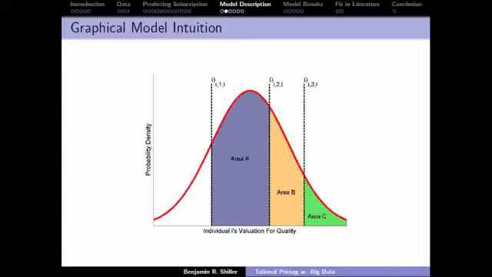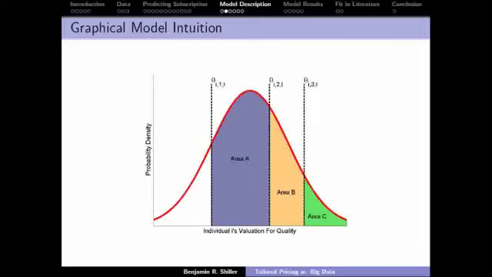So on the x-axis here, it's not actually the individual's valuation for quality. It's actually the error in my estimate of the person's valuation for, it's labeled as quality, but it's DVDs by mail. And this red line gives the probability density function of that error term.